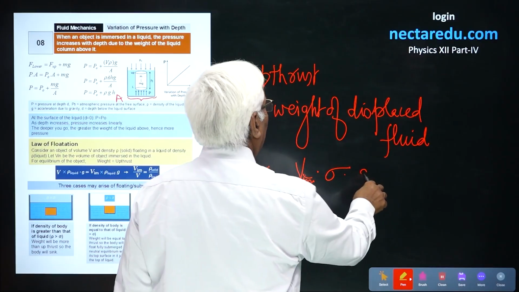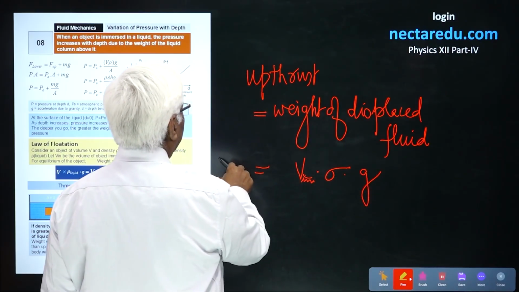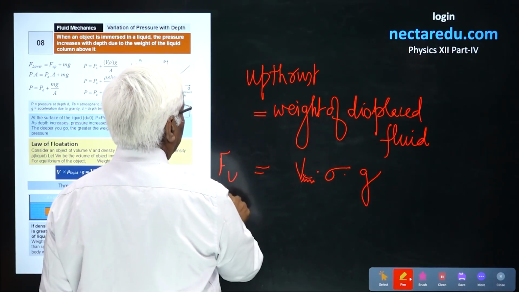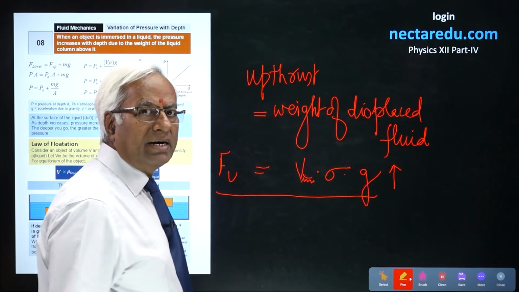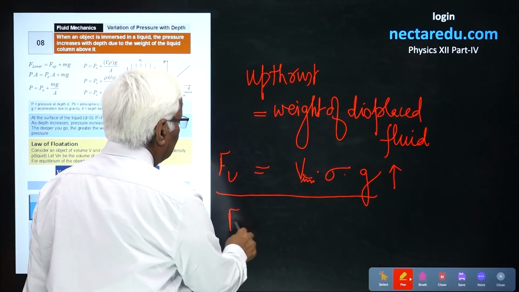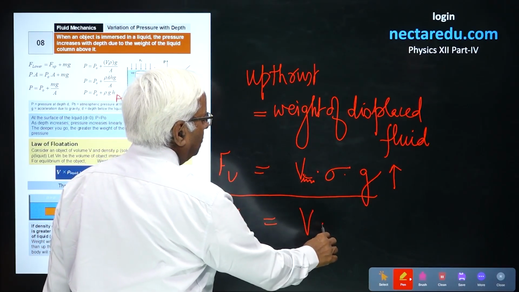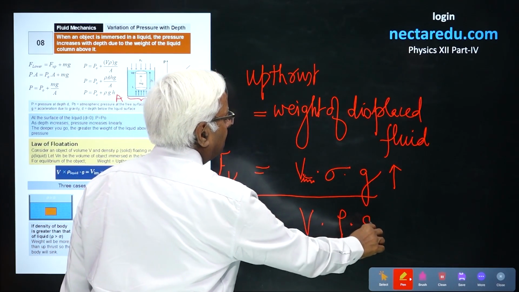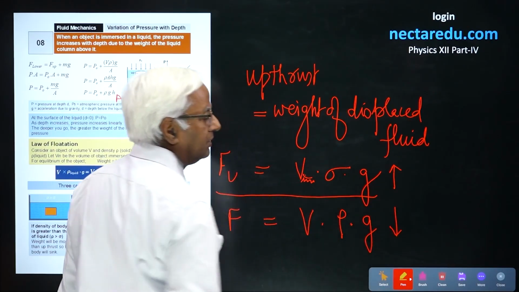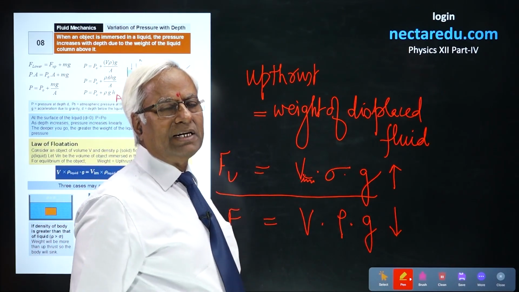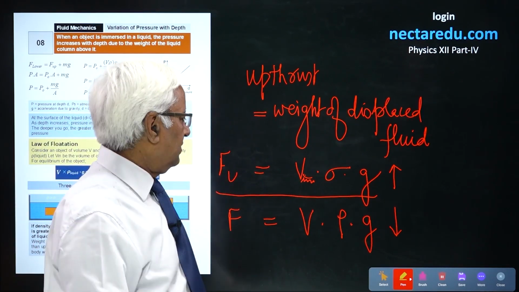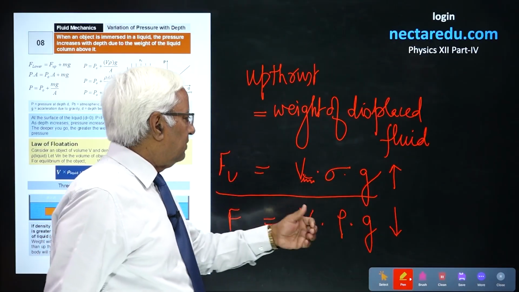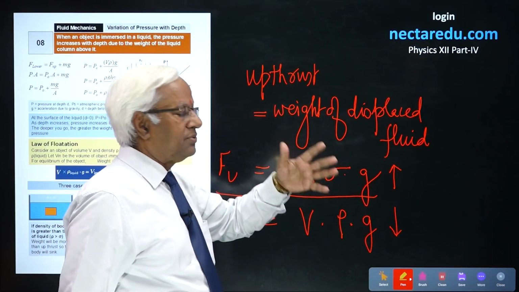This becomes the upthrust, which acts upward, and the weight of the body is going to be total volume times density of the body immersed. Not only solid, even liquid can be immersed in gases. So this is the weight of the body immersed, and this is upthrust.